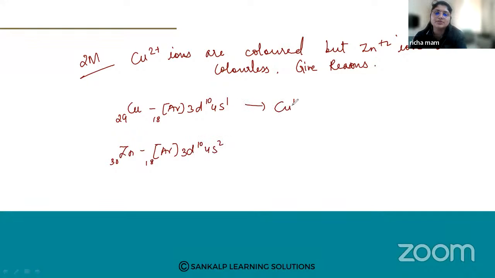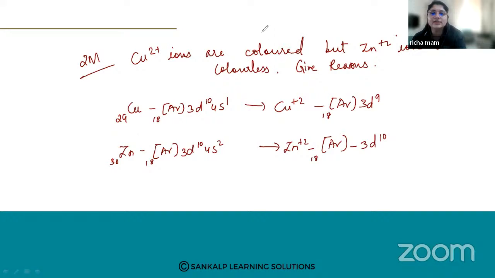So copper plus 2 means it will be argon 18 and 3d9, and zinc plus 2 means argon 18 3d10. So when you write the electronic configuration for copper, how many unpaired electrons are there?